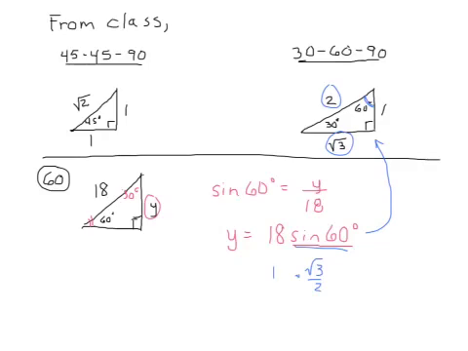I'm going to multiply that by 18, and I'm going to think of that as 18 over 1. And I can either reduce that 2 into the 18 9 times, or I can think of that as 18 radical 3 over 2, which is then going to reduce to be 9 radical 3.